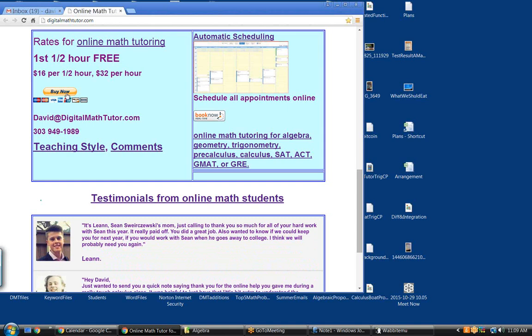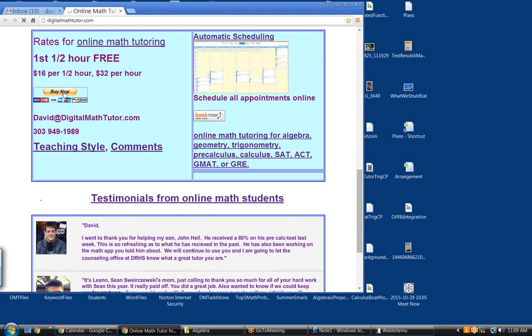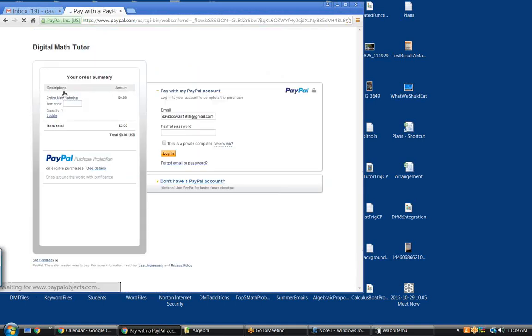When you click Buy Now, it opens up another page where you put in the price. The only thing you owe me at this point is $32. So you'd put in 32, and then you'd put in your own PayPal information, which I can't see. I don't get to look at this. But it is the easiest way to pay by far.